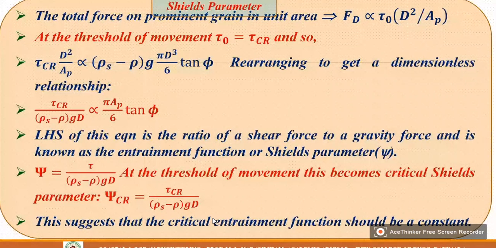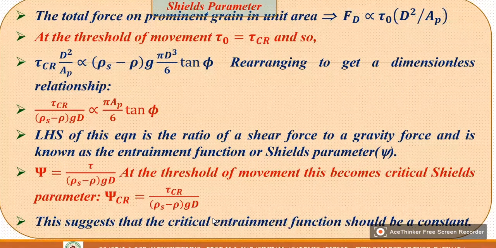Now, when the particles are at the juncture of movement, that is at the threshold of movement, this shear stress acting is referred to as the critical shear stress, tau critical.